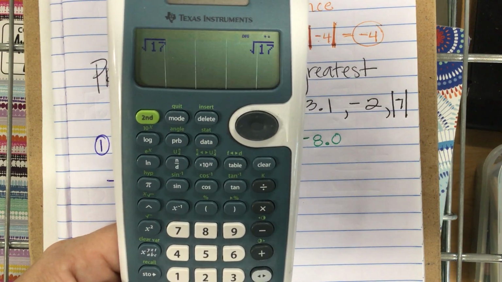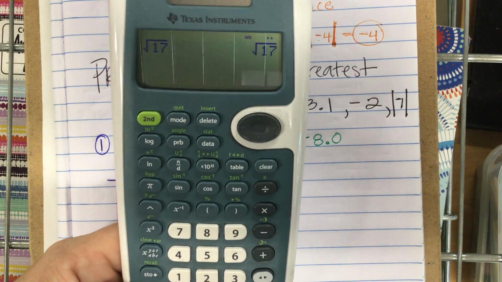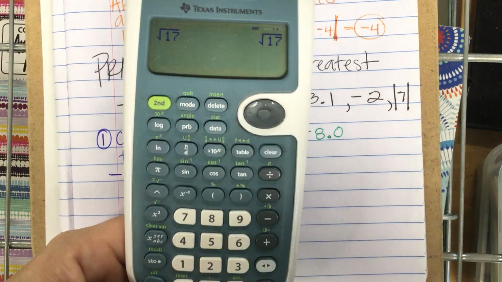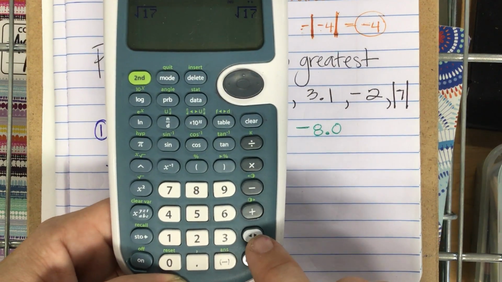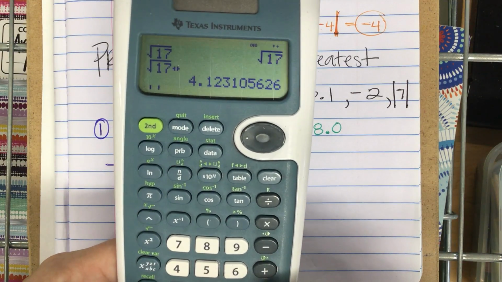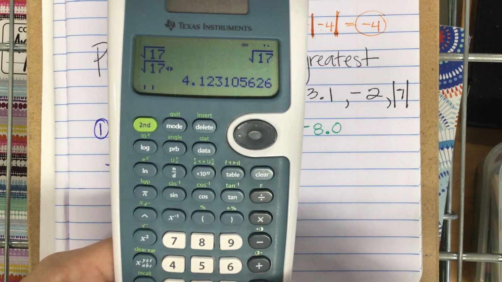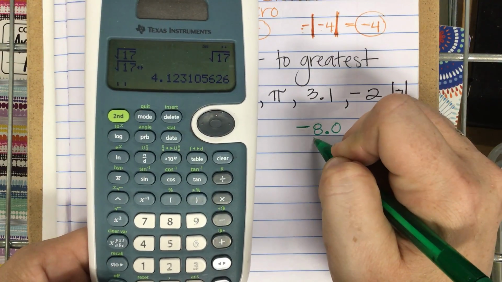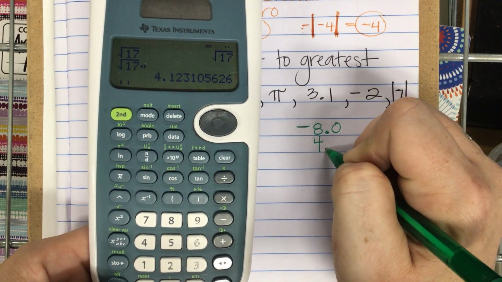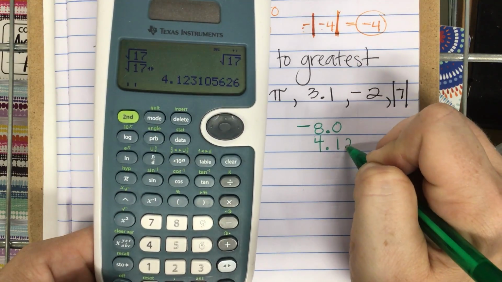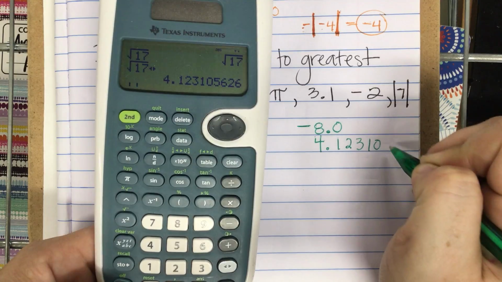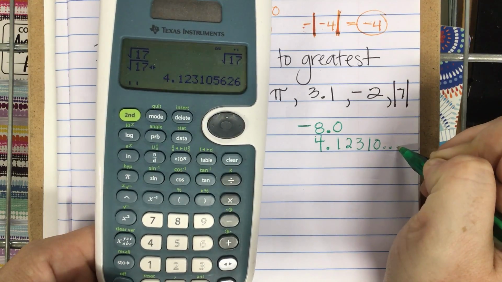That means it's between 4 and 5, but closer to 4. So when I press that conversion button, it is really close to 4. So I'm going to put 4.1231 dot dot dot.